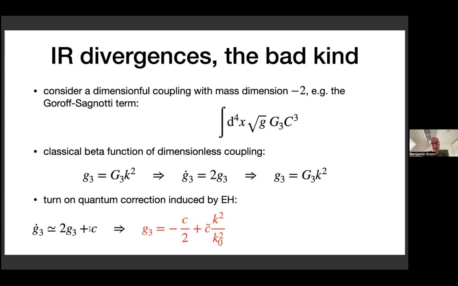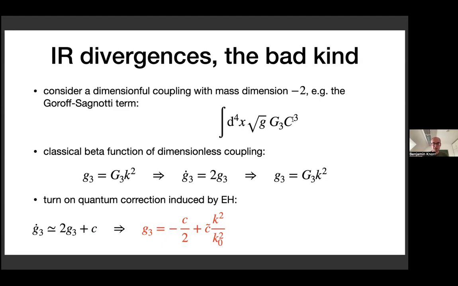Now you do the same analysis. You have a beta function now with a constant and 2 G3, which is just the canonical term, and you solve it, and you find that the dimensionless coupling has a constant piece now in the infrared. There's, of course, still the k squared, but the nasty bit is really this minus c over 2. Because now you want to define the dimensionful quantity, right?